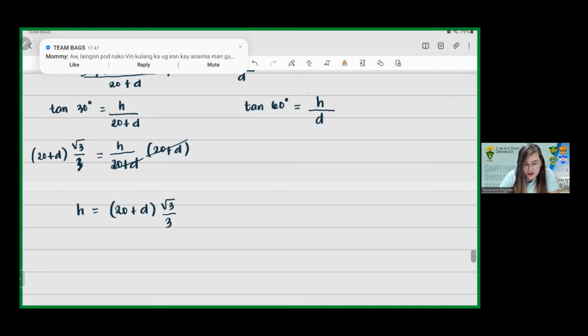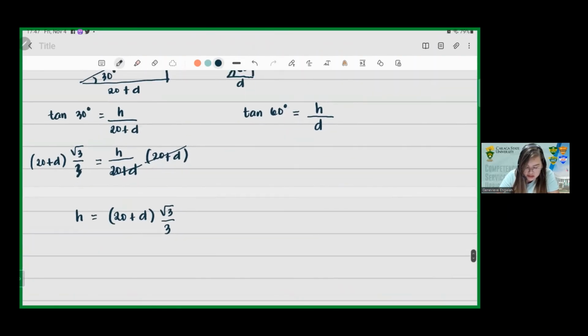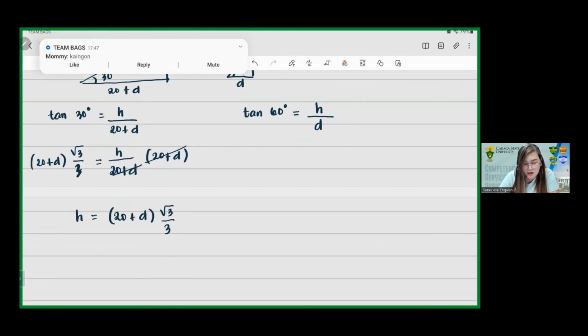For tangent of 60, sine 60 is square root of 3 over 2 and cosine 60 is 1/2. I hope you're following. So this is square root of 3.